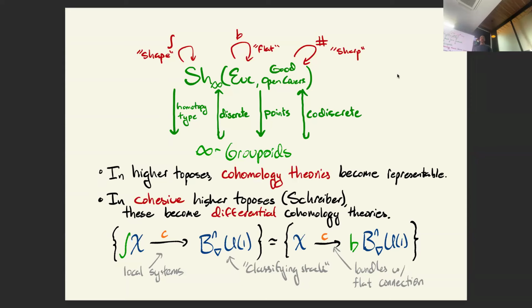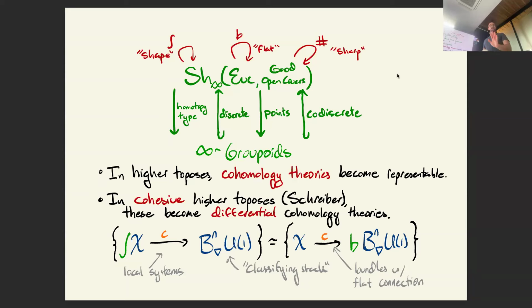And these four adjoints give us an adjoint triple of monads and comonads up top, where shape is the discrete inclusion of the homotopy type. Flat is the discrete inclusion of the underlying homotopy type of points. And sharp is the co-discrete inclusion of the points.